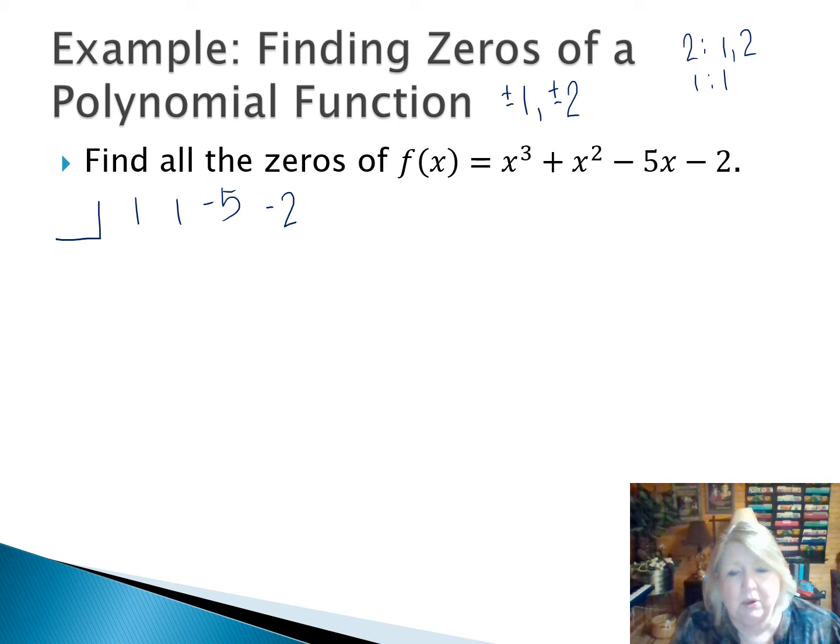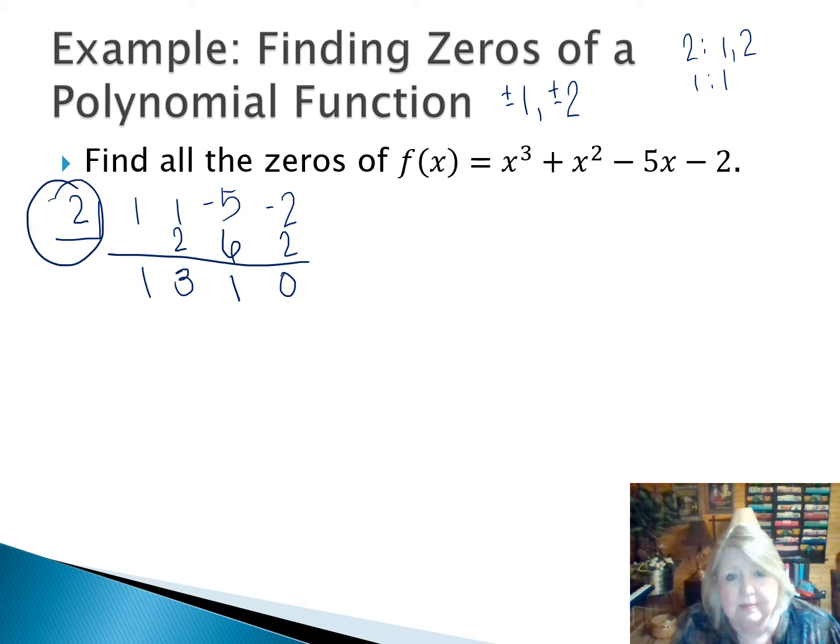And then I'm going to try 2. Bring down my 1. 2 times 1 is 2, plus 1 is 3. 2 times 3 is 6, minus 5 is 1, and I just found my rational root. Because 2 times 1 is 2. When I add, I get 0. So 2 is one of my zeros.